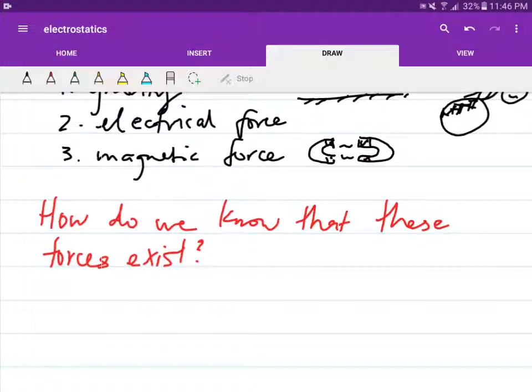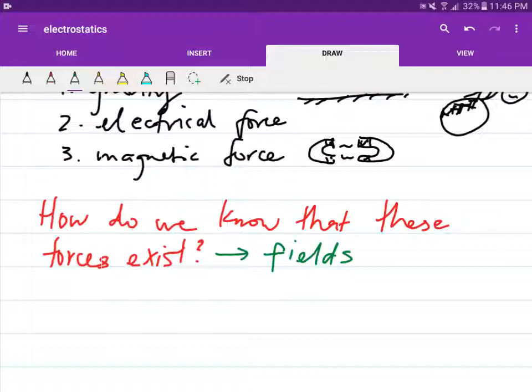This is a question that has a very deep nature, and the answer to this is because of fields.